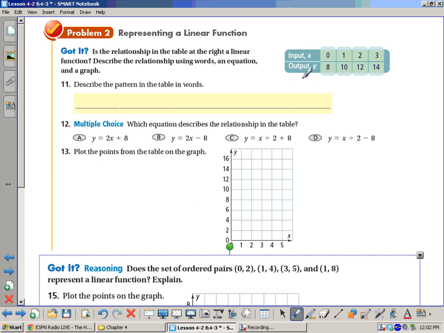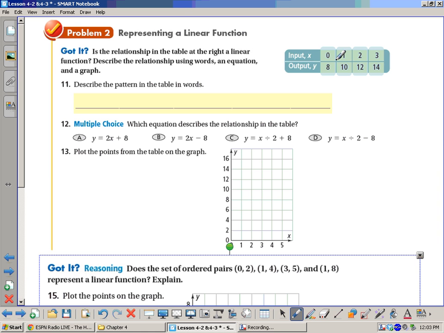So let's look at representing a linear function from a table that's already been generated. So we're going to describe the pattern as it is in this description right here. And we can see that the x values here go from 0, 1, 2, and 3. So we can see that the y values are going up by 2's.